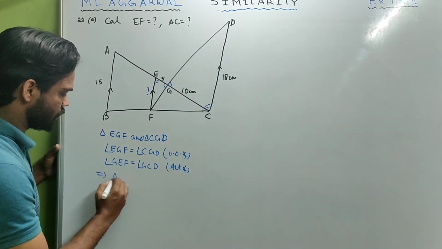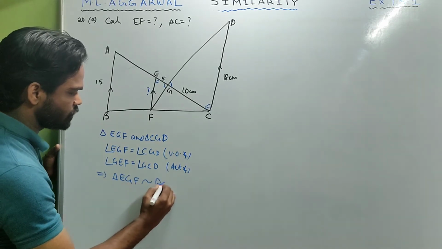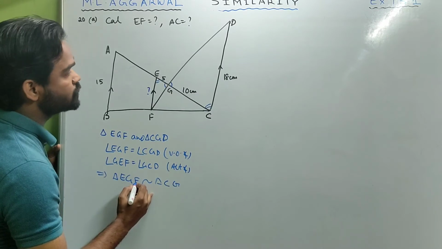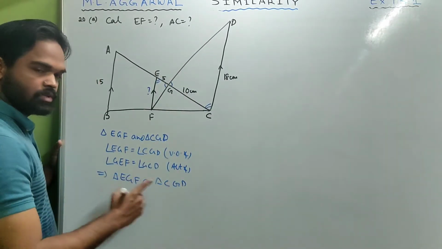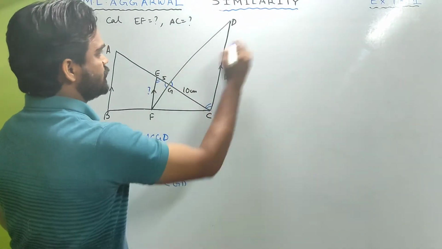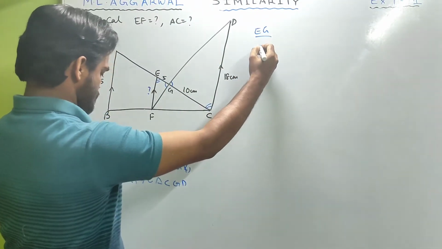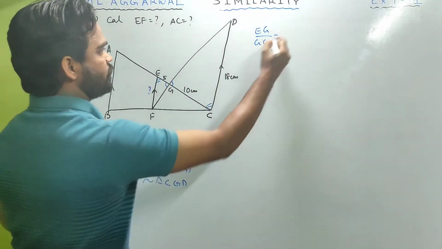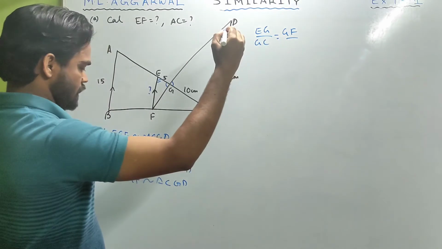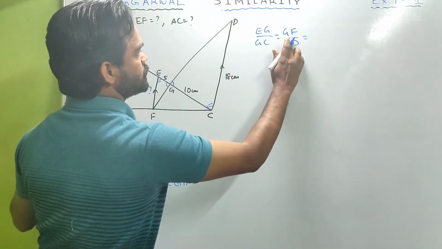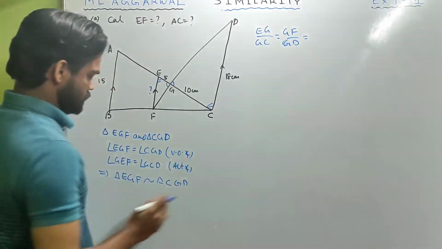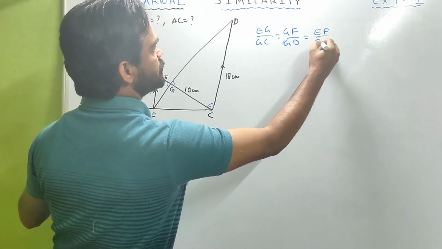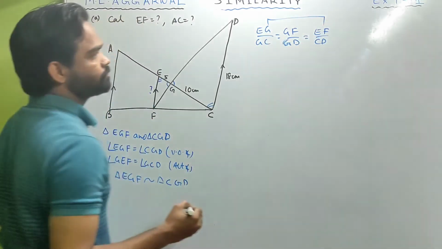Triangle EGF is similar to triangle CGD, where E corresponds to C, G corresponds to G, and F corresponds to D. Now if they are similar, we can write that EG by GC is equal to GF by GD is equal to EF by CD, isn't it? Take the first and the last one.